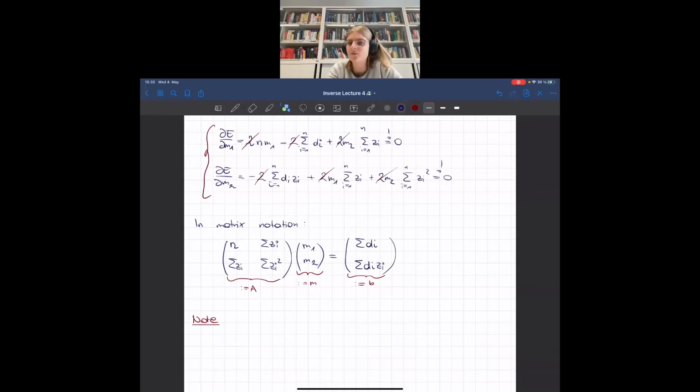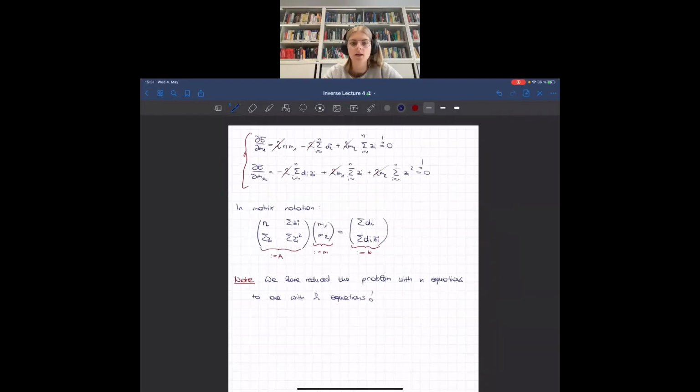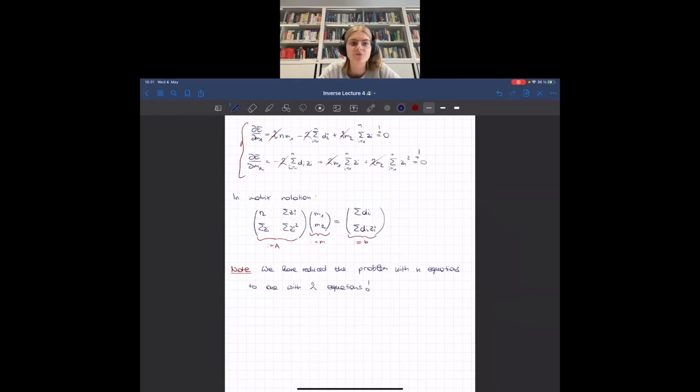So we started with a problem consisting of n equations. And we reduced this rather big problem, if n is big, to a problem with just 2 equations. So we started with this rather complicated problem and made it already way easier.